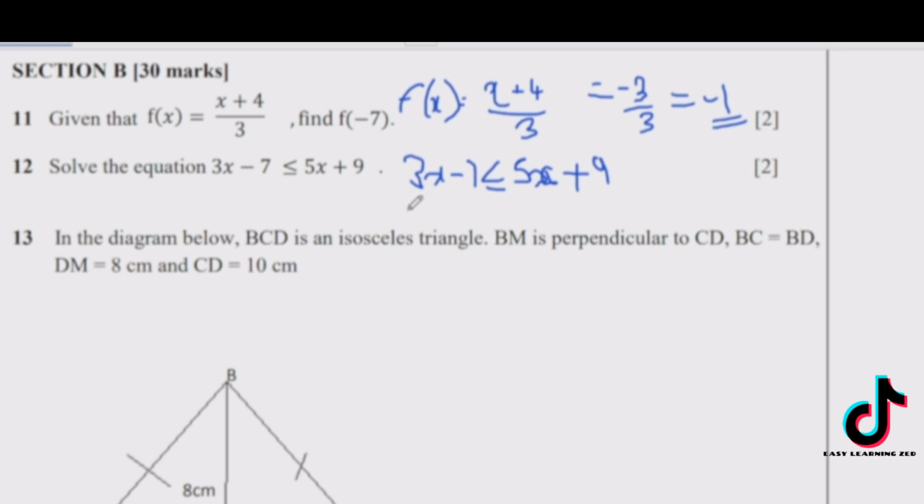That means we're going to have 3x, then this 5x will cross the inequality sign and become minus 5x.